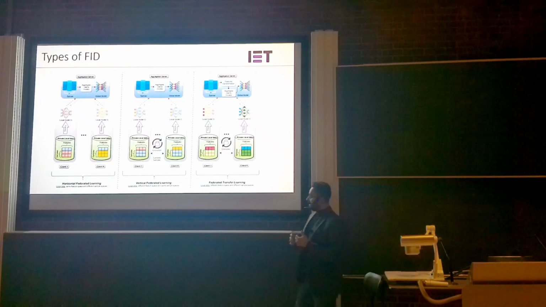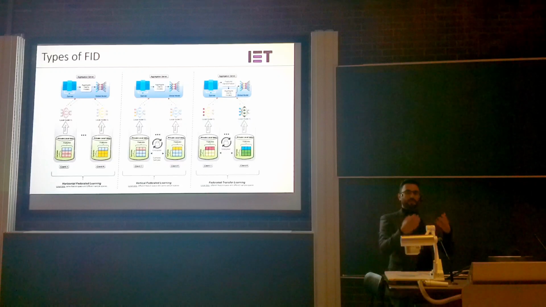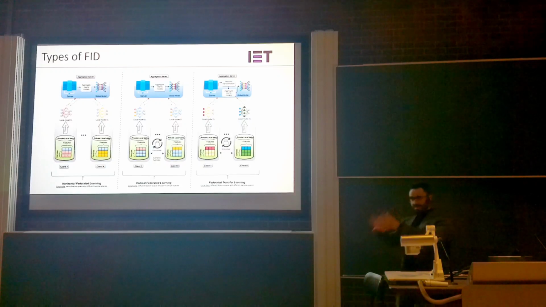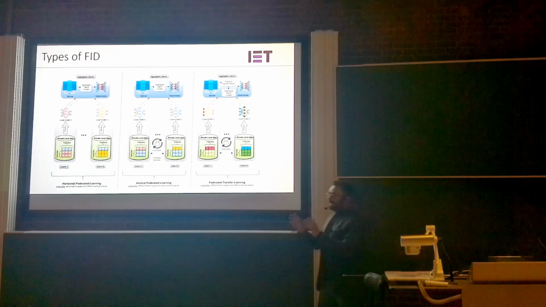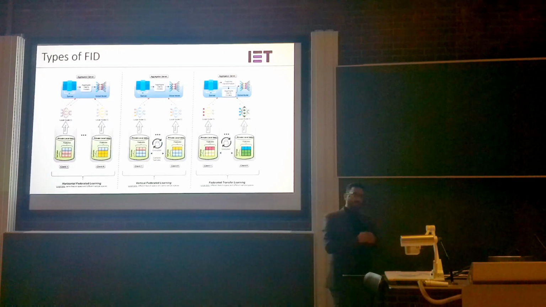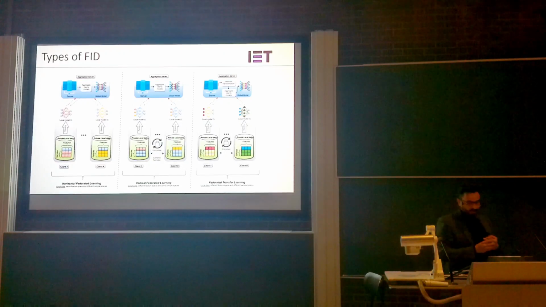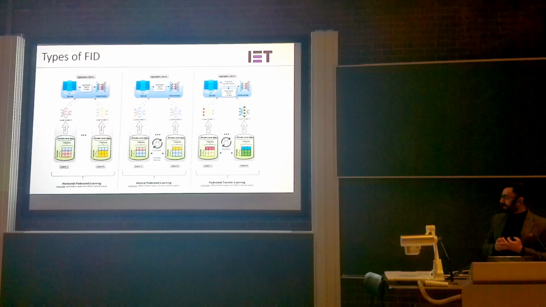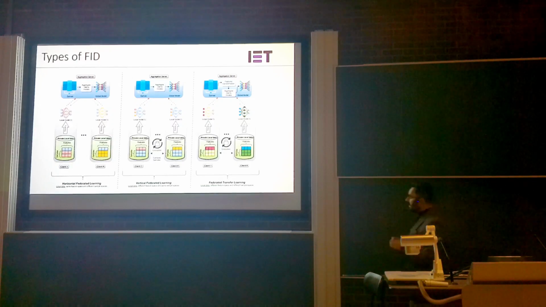In vertical federation, you predict the same class, so all of them are focusing on one class, which is DDoS, and in that case you just distribute the sample space and the features among the worker nodes.